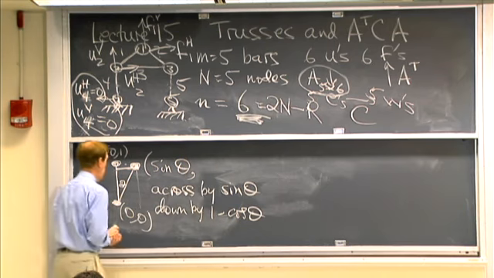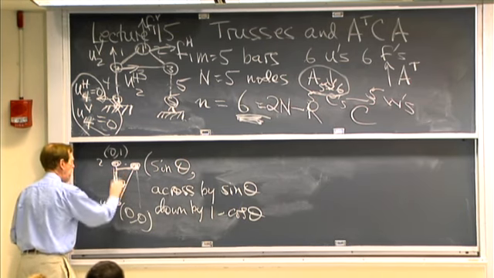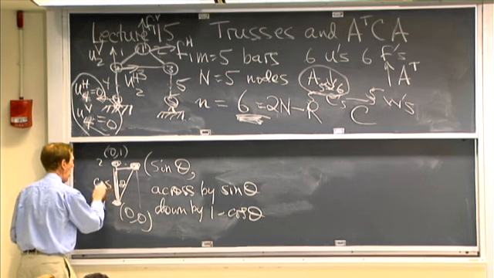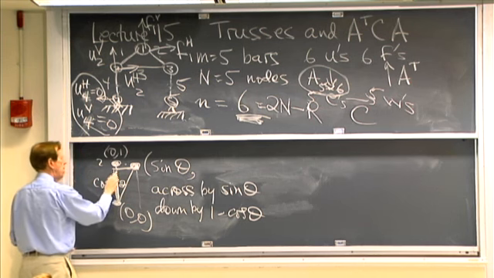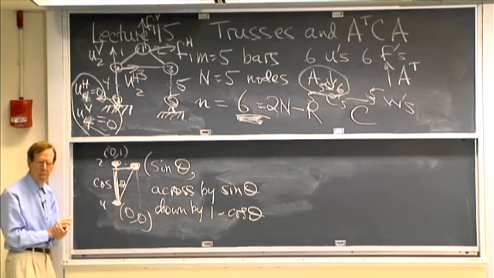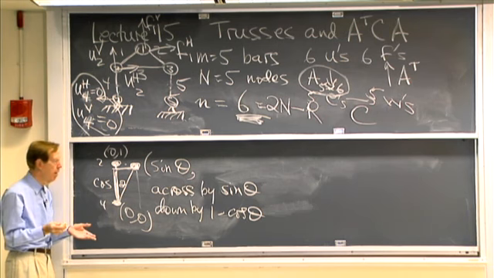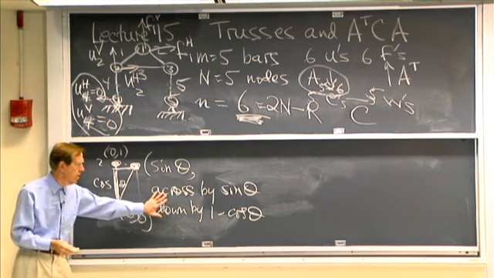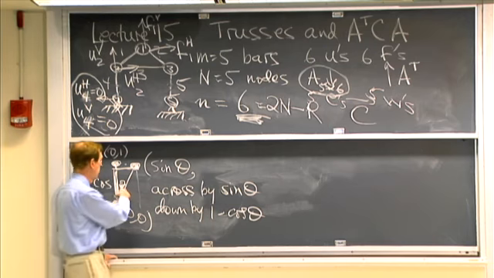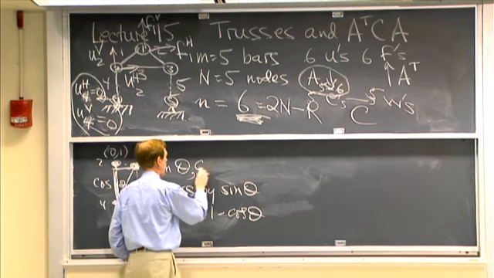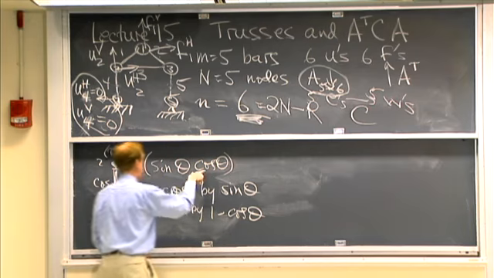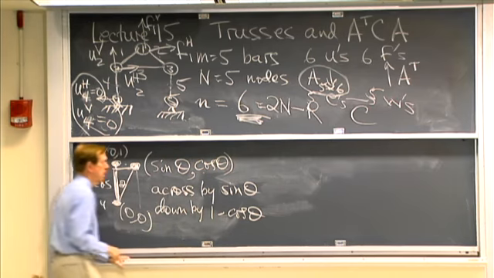Do you agree with that? Because here's cosine theta right there. And here's the little bit it moved down. Okay. So now these are exactly correct. This is in the position sine theta, cos theta, and the difference was 1 minus cos theta.